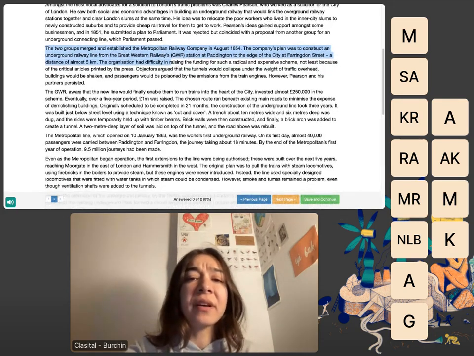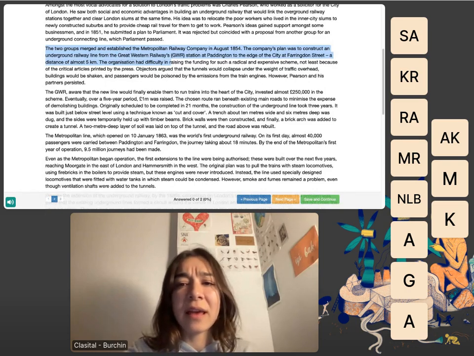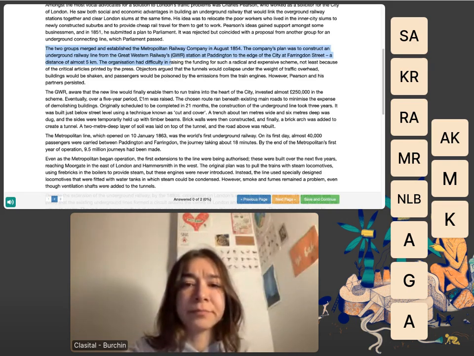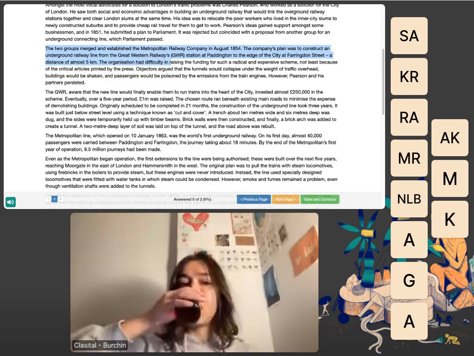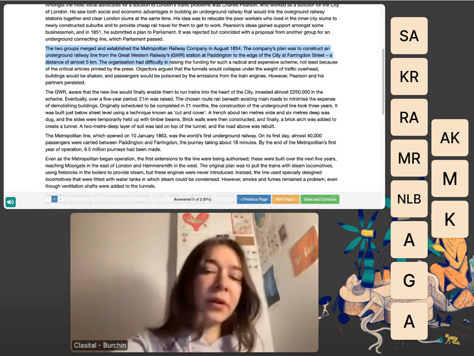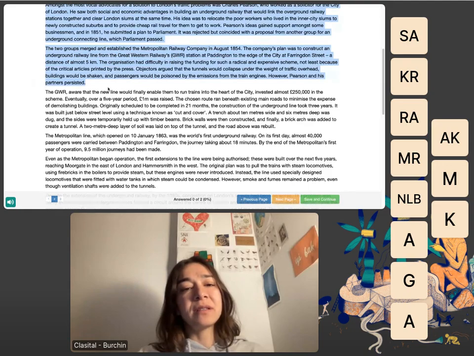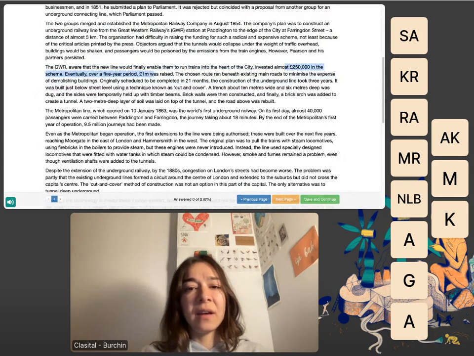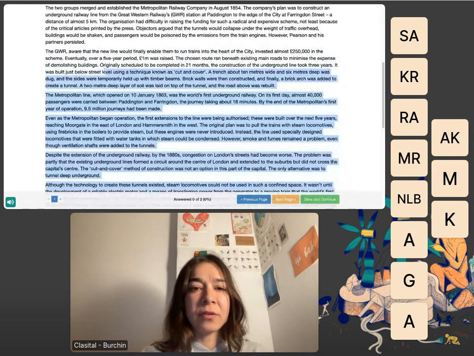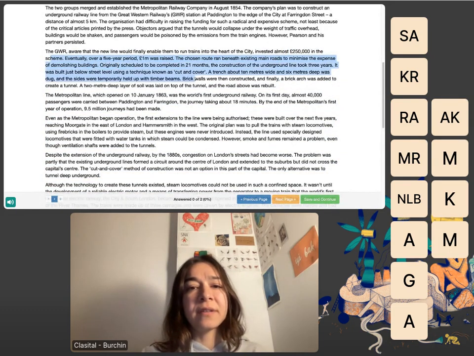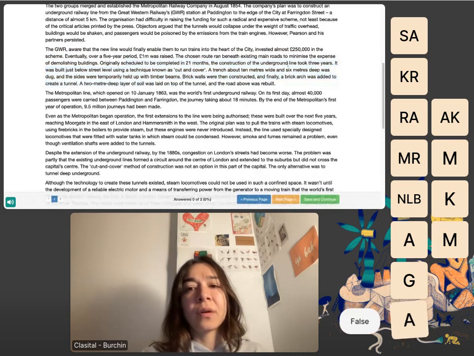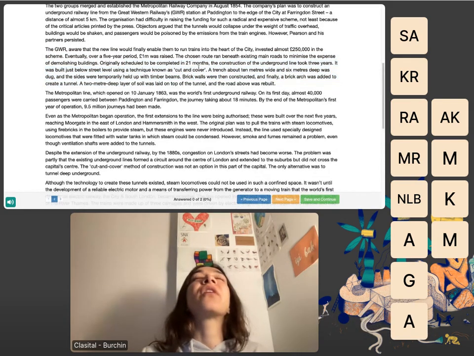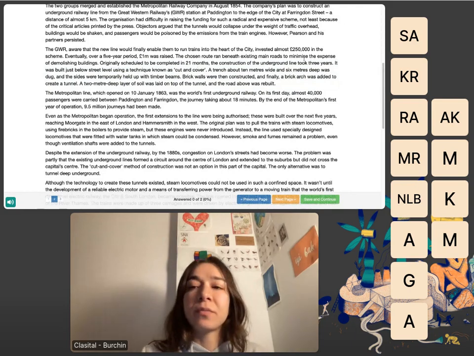The organization had difficulty in raising the funding for such a radical and expensive scheme, not least because of the critical articles. Pearson and his partners persisted. Eventually, 1 million was raised. Minimize the expense of demolishing buildings. Originally scheduled for 21 months, it took 3 years to complete.